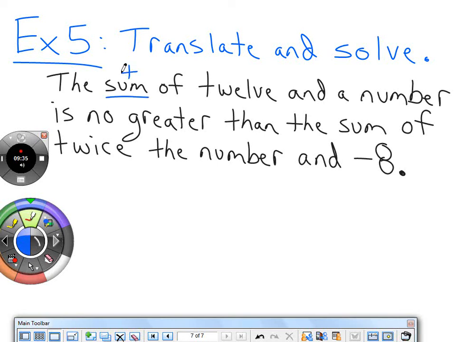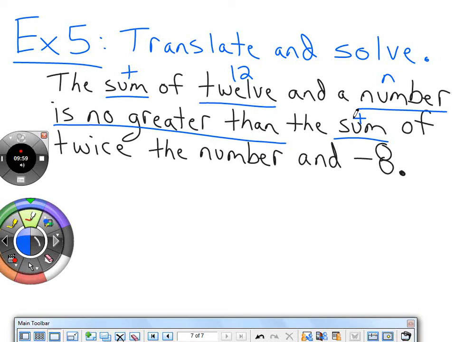We need to know that that's plus. So the sum of what? Well, 12 and a number. Let's use n this time. Is no greater than. So we'll figure out what that is no greater than. And then we got the sum again. So we'll translate that. Twice the number. So that'll be 2n, and then negative 8.